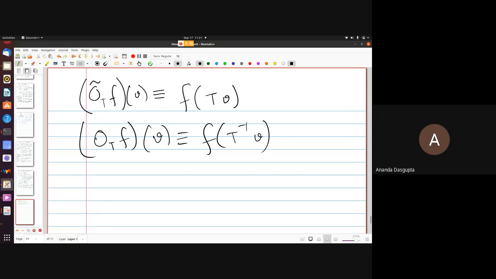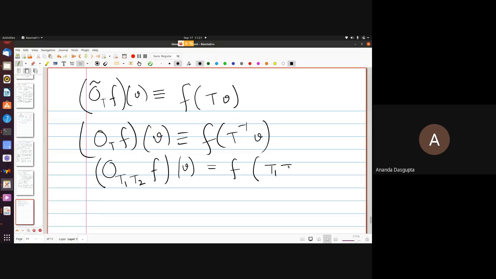Suppose I do two transformations one after the other, and this is exactly why this becomes important in group theory. Suppose I do O(T1 T2) acting on f. T1 T2 is of course doing T2 and T1 one after the other. So what is this?